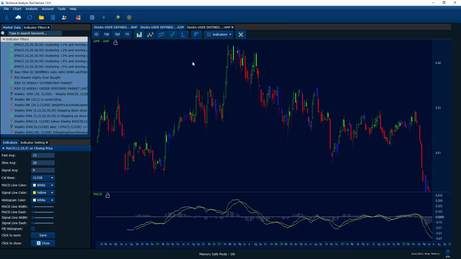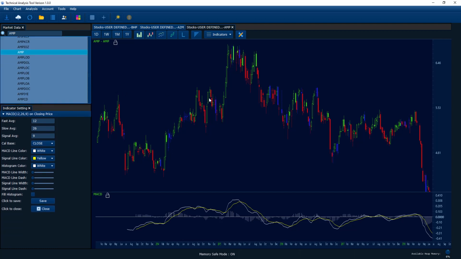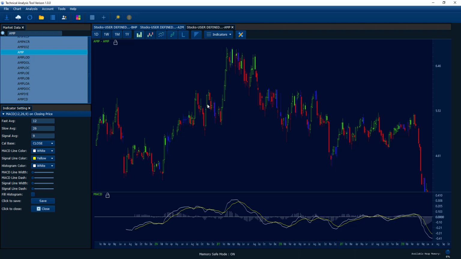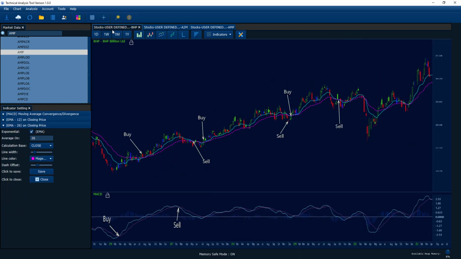Let's close that indicator filter and go back to our MACD tutorial contents. Okay, cool. Let's move on to the next chart and talk more about the MACD.